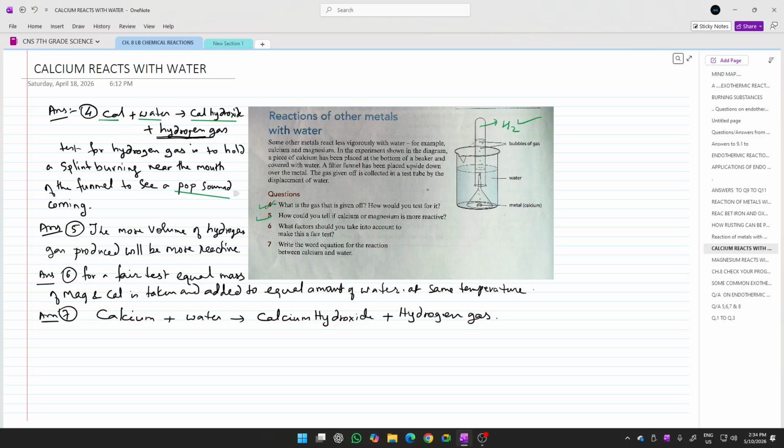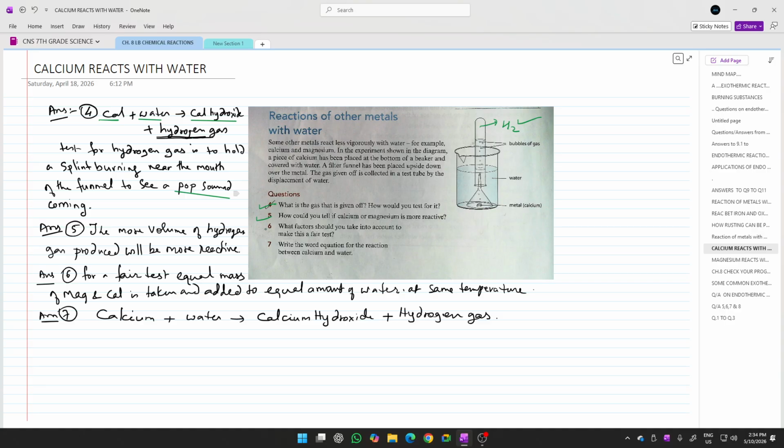Suppose in the experiment you take calcium and react it with water, and you get more hydrogen gas. That means calcium is more reactive. And if you get more hydrogen when you react water with magnesium, then you can say that magnesium is more reactive. Whichever experiment gives you more hydrogen will be more reactive.